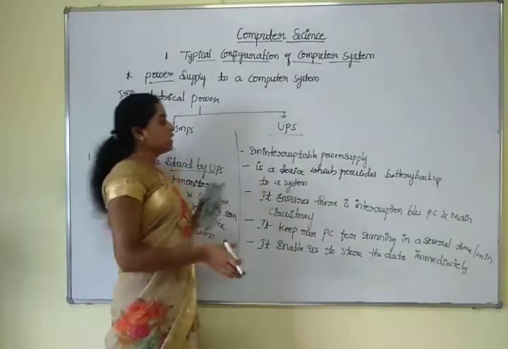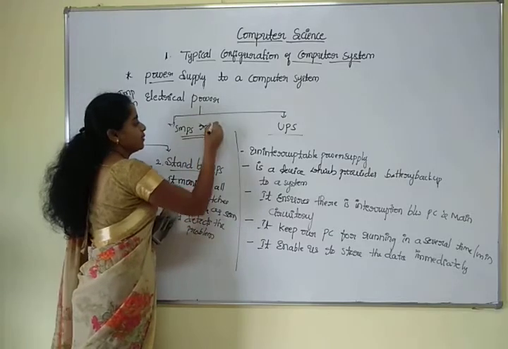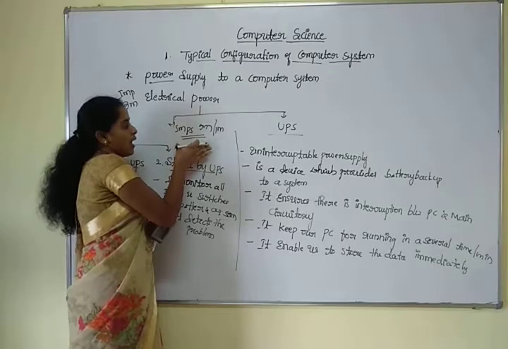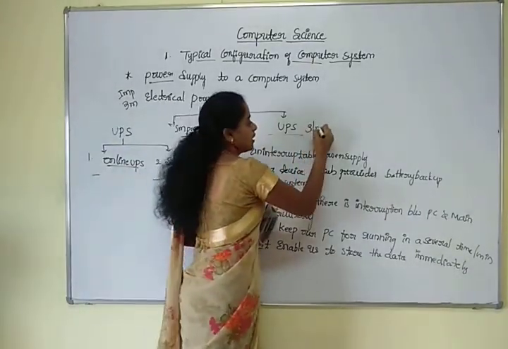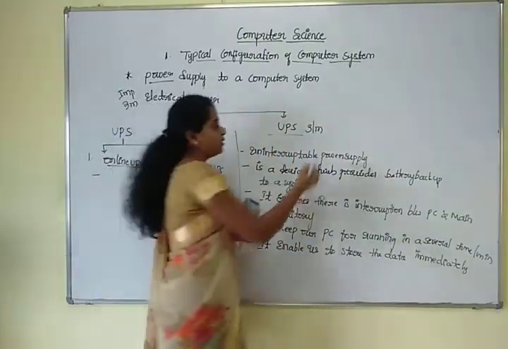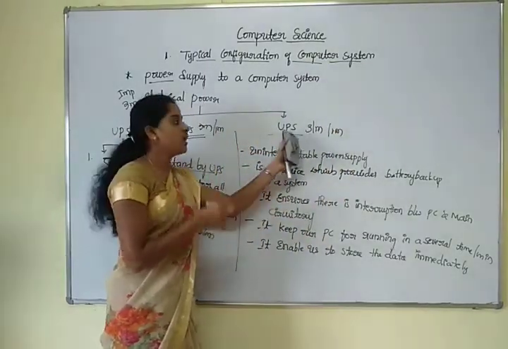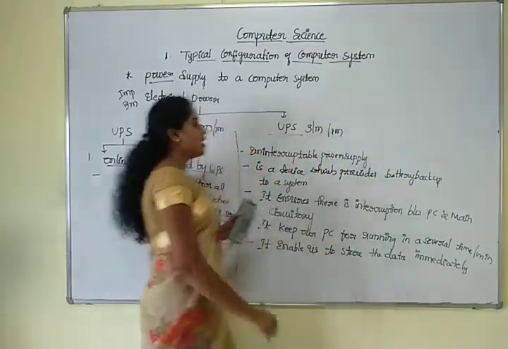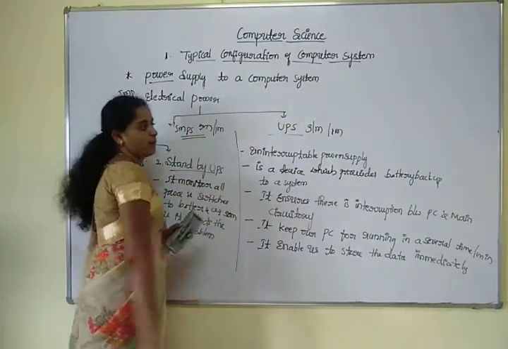If they ask individually, they ask 3 marks for only SMPS, and 1 mark for the definition or abbreviation of SMPS. Similarly, they ask 3 marks for the function of UPS, and 1 mark for the major function, abbreviation, or definition of the UPS. So this power supply is important for your examination.